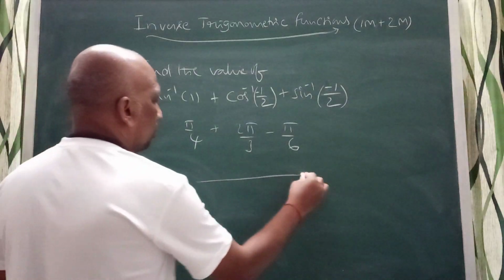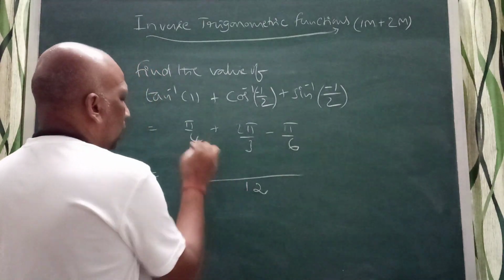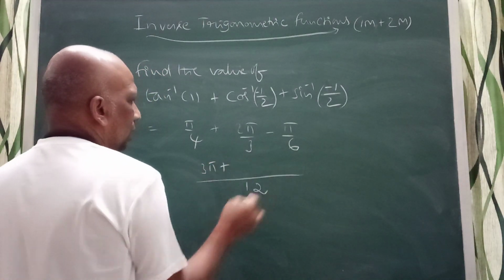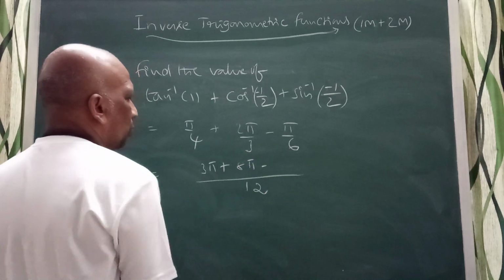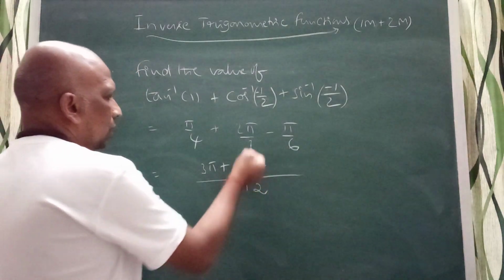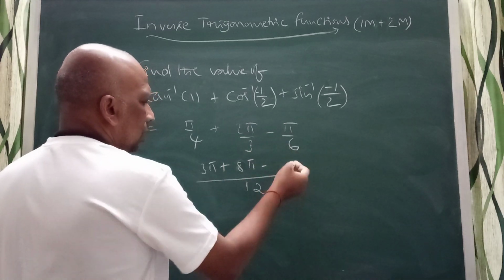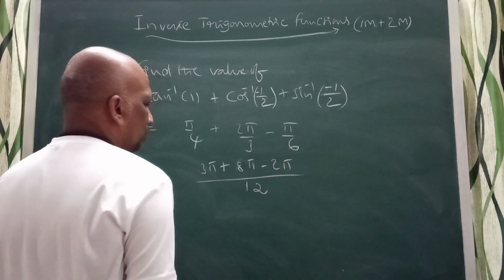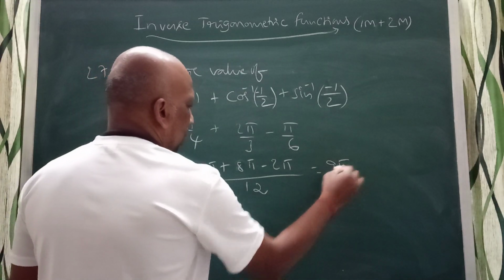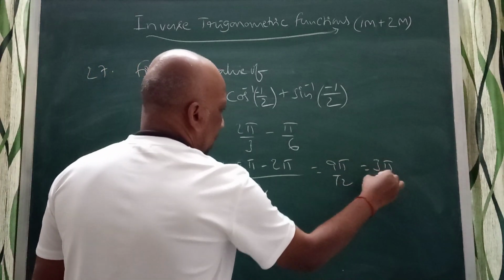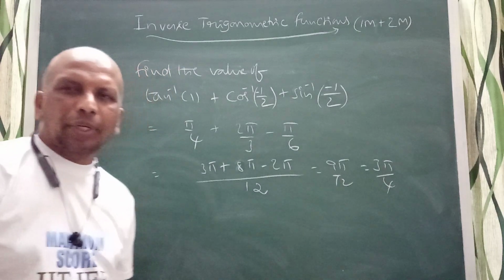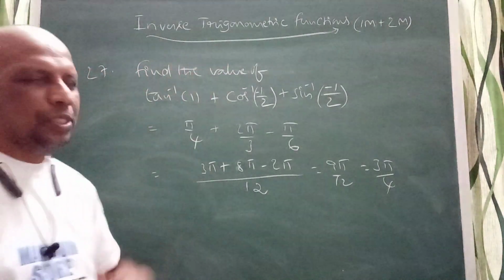Take the LCM 12: 3 pi plus 8 pi minus 2 pi gives 9 pi by 12, which is 3 pi by 4, that is 135 degrees. This will be your answer.